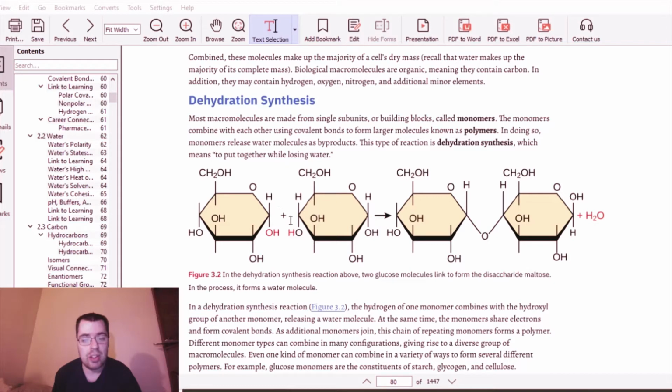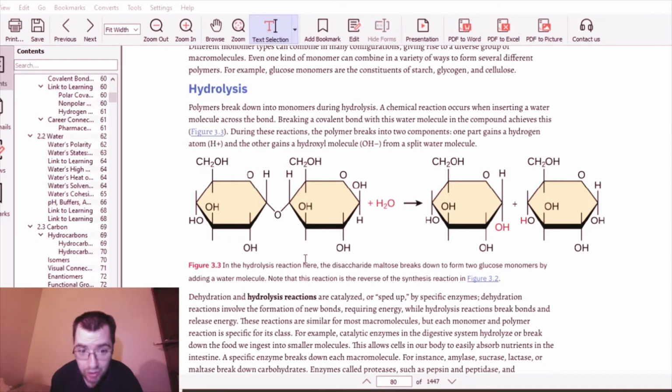So here you see before they're combined, they have on the ends of their chains two HO molecules, or OH, however you want to say it. Then when they combine, one oxygen molecule links the two chains together, and it releases the two H's and the one O, water. So dehydration synthesis is when water is released so the chains can combine.